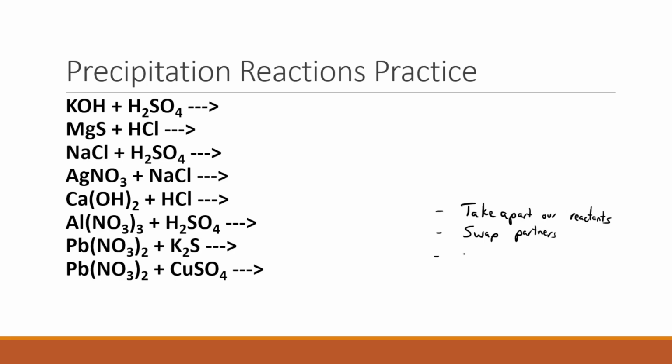We are going to put products back together. And then finally, we are going to balance and check table F. Pause the video, give yourself some time to work on these. I'm going to count to 10 and I'm going to flip this slide over and we're going to look at some of these answers.